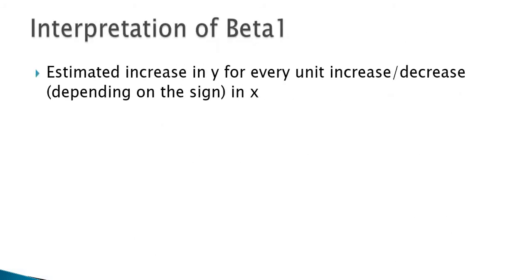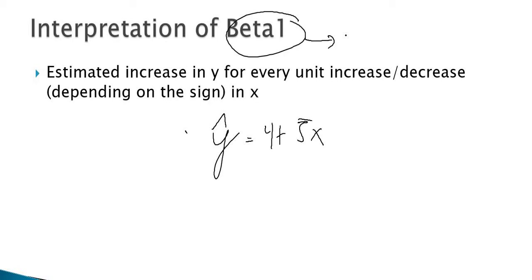Beta sub 1 is the estimated increase in y for every unit increase or decrease, depending on the sign, in x. For example, we have this equation y hat is equal to, let's say, 4 plus 5x. Our beta sub 1 is the one beside x. Always remember that, so it's this one. What does this mean?